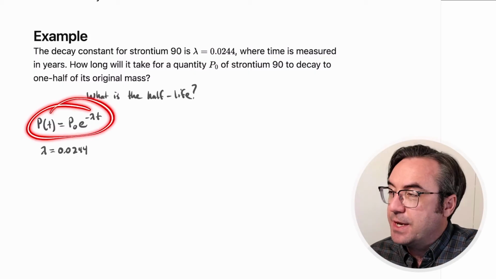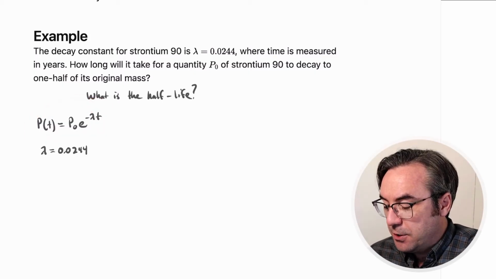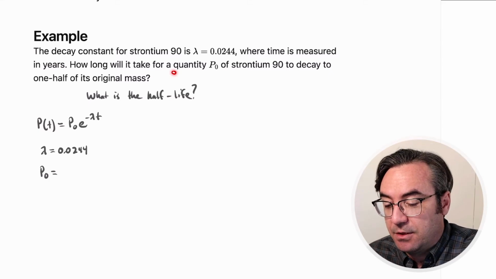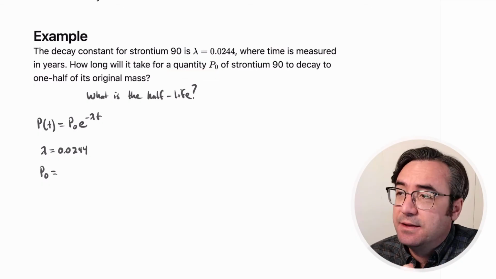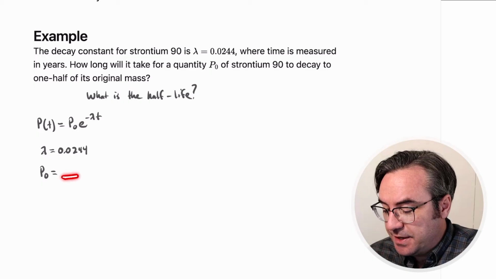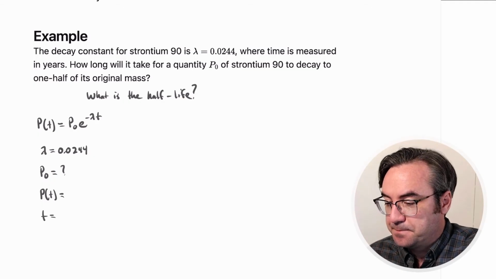If we look at this equation, there's a lot of things we don't know. We don't know our initial mass. We're not told it. We're just saying how long does it take for any quantity to decay to 1/2 its original mass. So we don't have this. Now what about P of t and t?